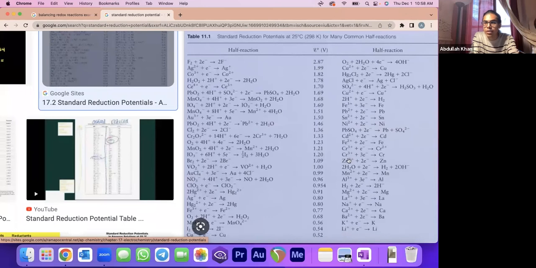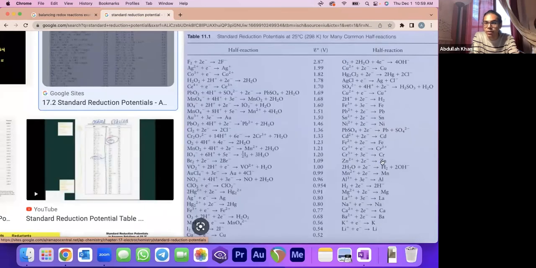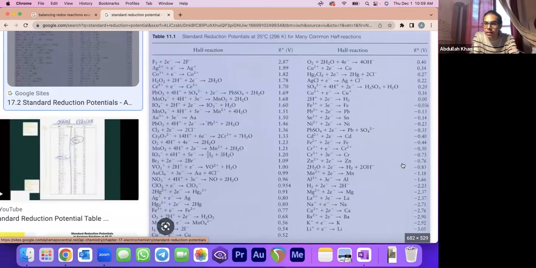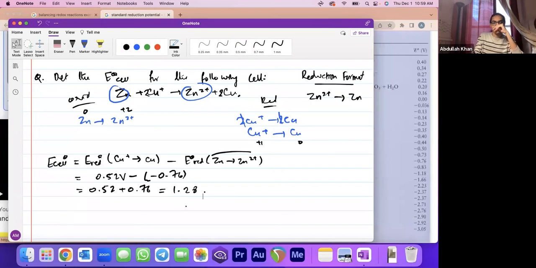Right here. Zn2 plus becomes zinc. You see the flipped version of what we need, which is fine. This is negative 0.76. So minus negative 0.76. Cool. 0.52. Double negatives becomes a positive 0.76, and whatever that comes out to. 1.28, I think.